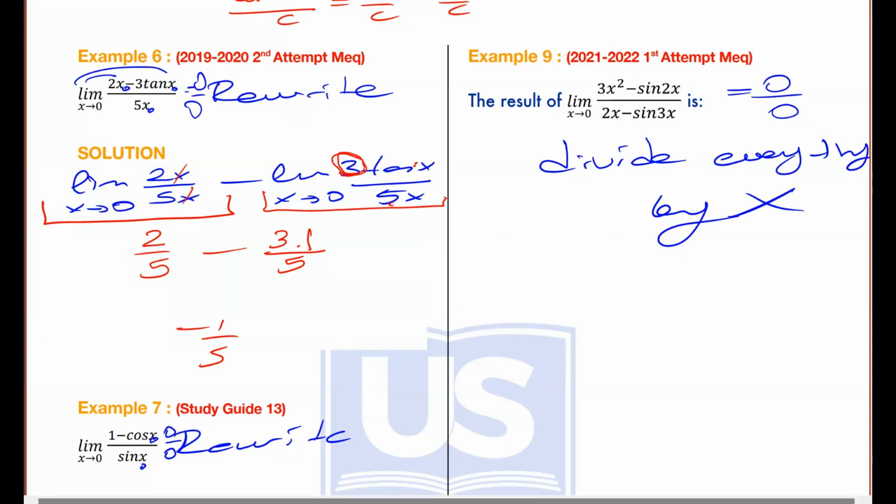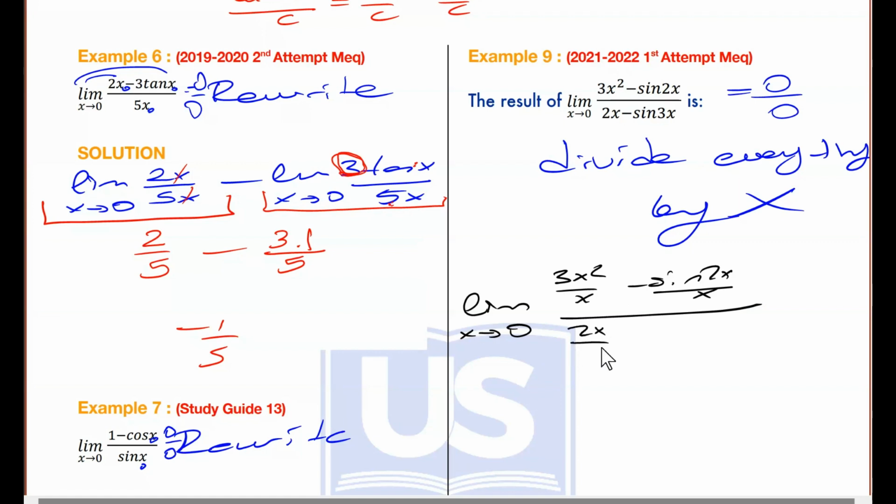The limit as x approaches 0 of... let me write this question by distributing the limit. At the top, 3x squared over x minus sine 2x over x. At the bottom, 2x over x minus sine 3x over x. So I divided everything by x.